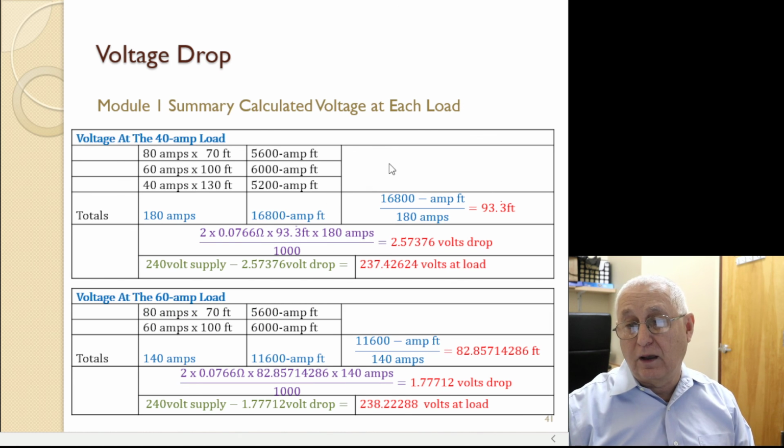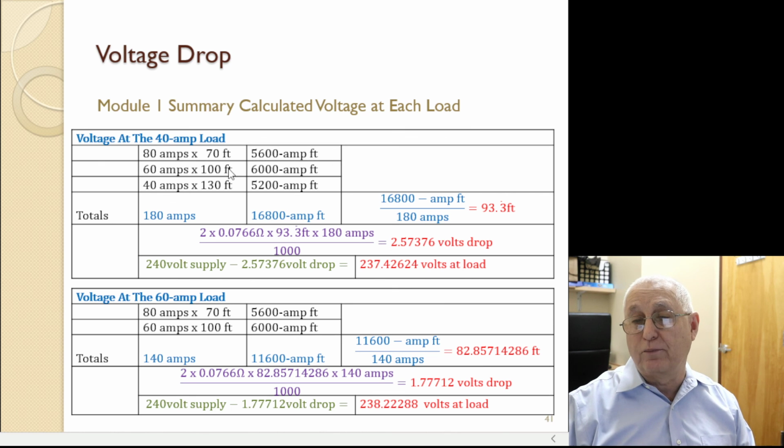Here's a table that explains everything that we just went over. Voltage at the 40 amp load: 80 amps times 70 feet equals 5,600 amp feet. 60 amps times 100 feet equals 6,000 amp feet. 40 amps times 130 feet equals 5,200 amp feet.